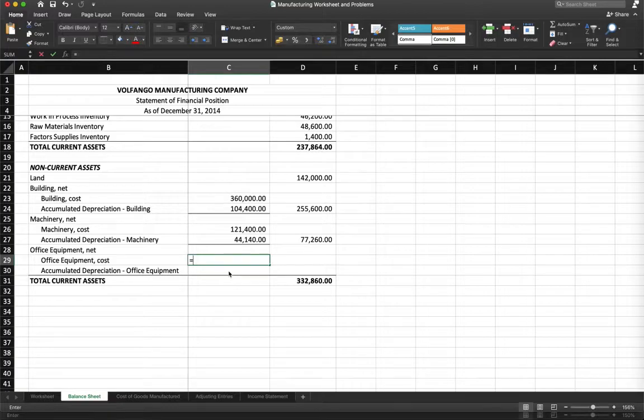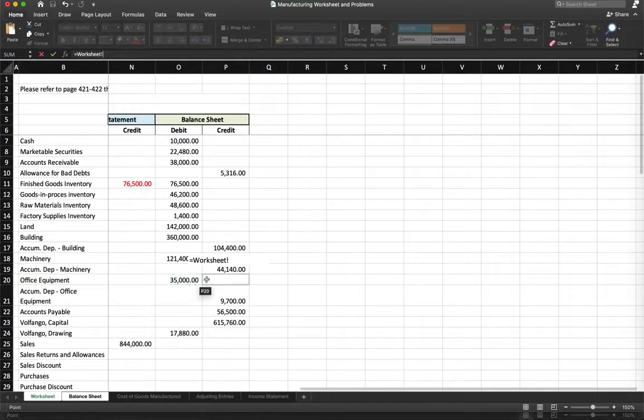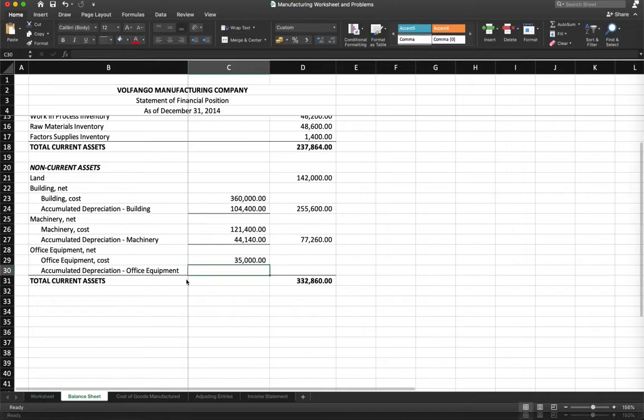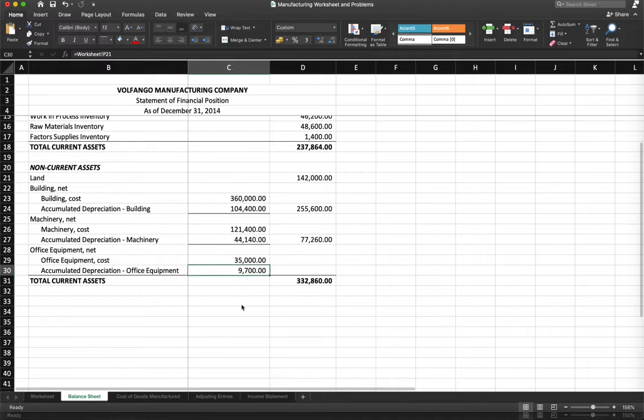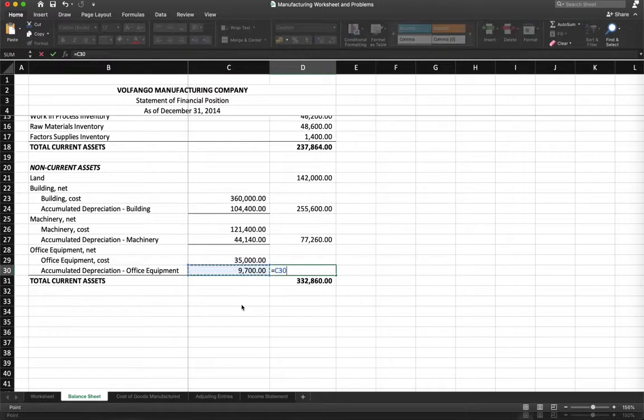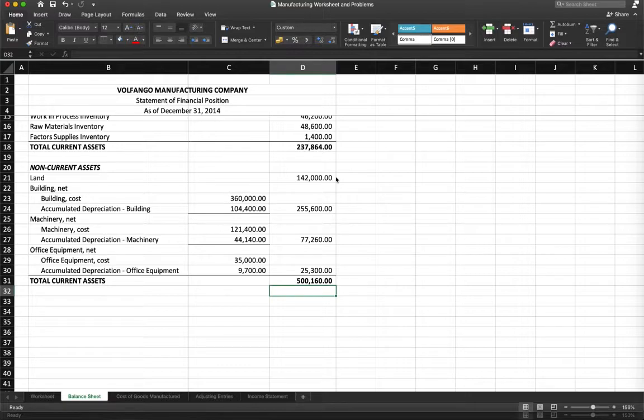And then, office equipment at cost. How much is the office equipment? 35,000. Accumulated depreciation is 9,700. Magkano ngayon ang net? 25,300. Magkano ang total non-current assets? Land, building, machinery, then office equipment. Ayan. Kaya meron tayong total non-current assets na 500,160.